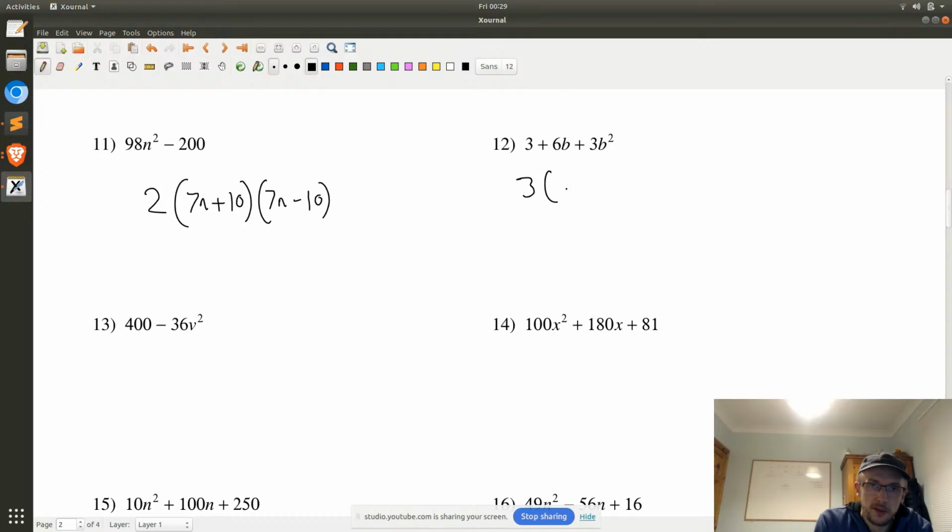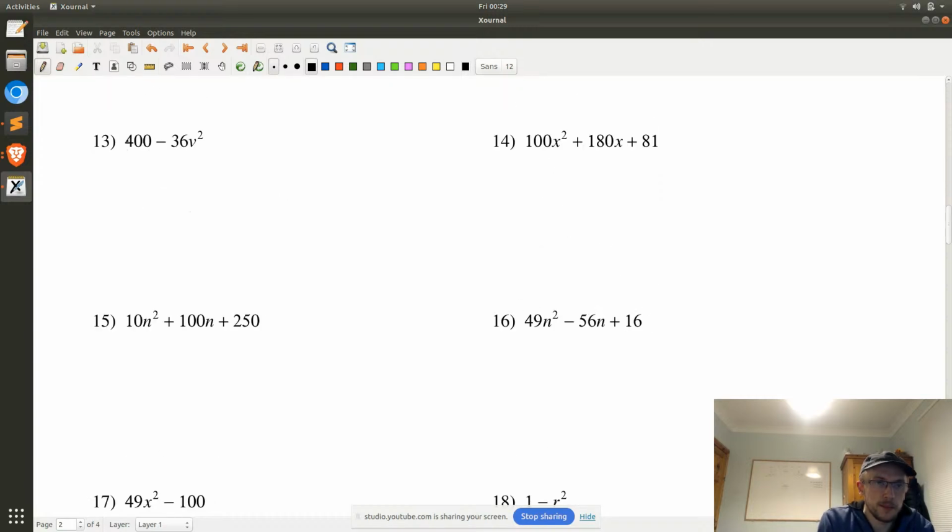Oh, this is delightful when it's in this form. And here we go. Could have factored out the 2. Could have factored out the 4, I meant to say.